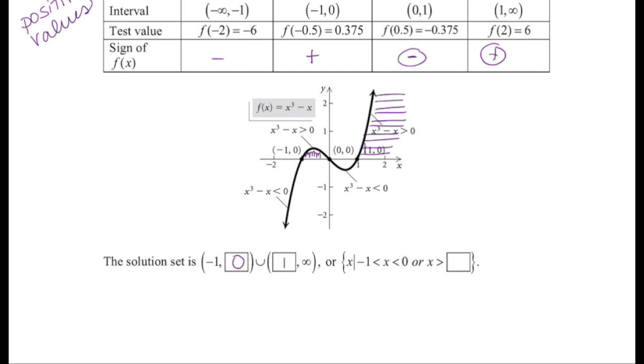So we also could write this as x such that x is between negative 1 and 0, and then x also has to be greater than 1 as well.